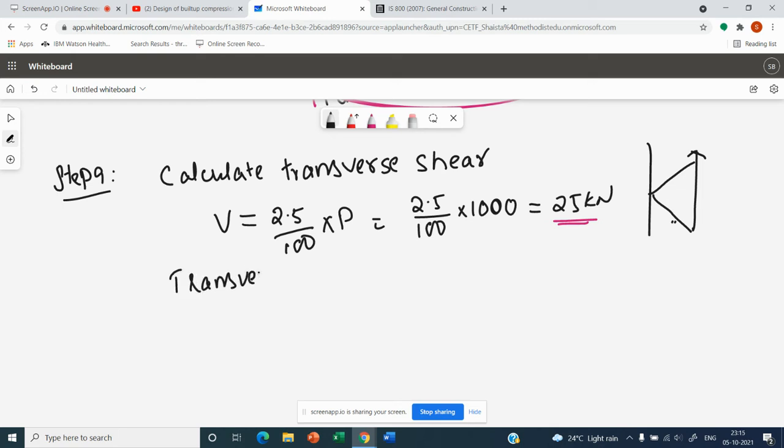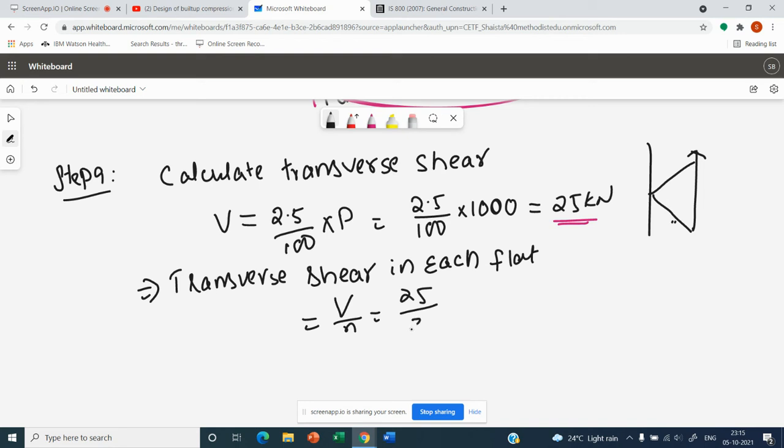So transverse shear in each panel, or you can say flat, will be equal to whatever V you got divided by the number of laces. That is 25 kilonewton divided by 2. So it's 12.5 kilonewtons of transverse shear coming in each lace.